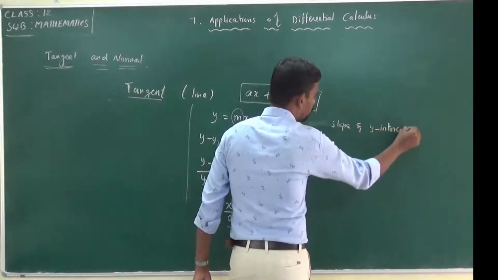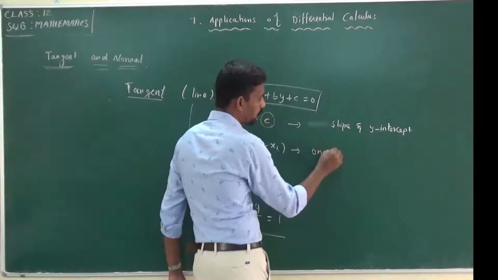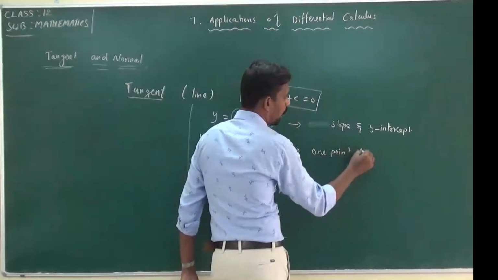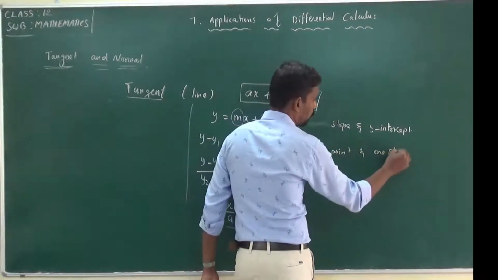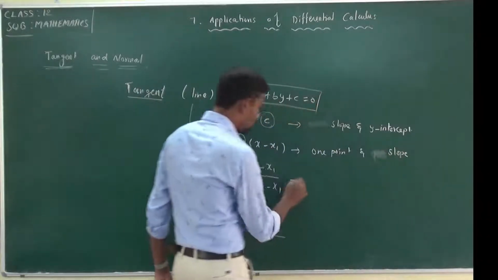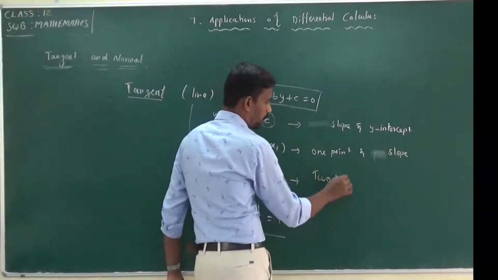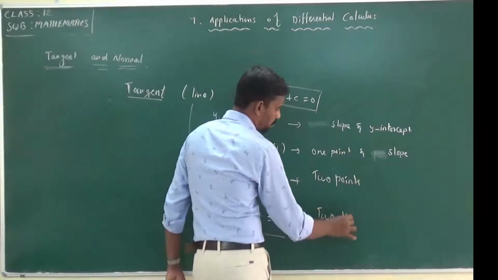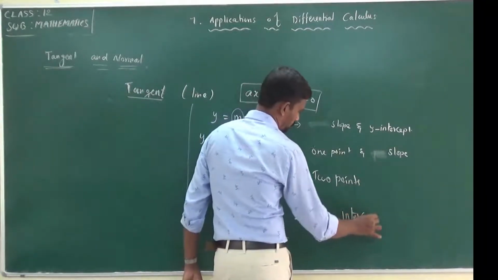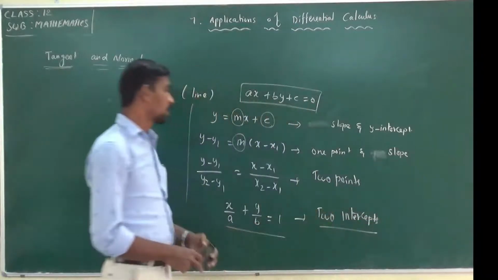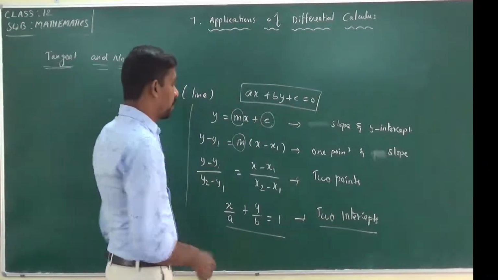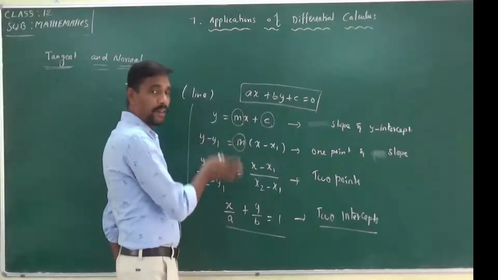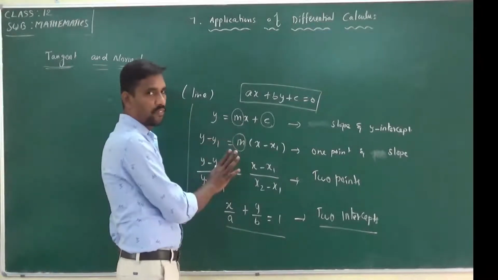The next one uses one point and one slope. Here, 2 points. Here, 2 intercepts. Right? Now, these are the ordinary equation formats.